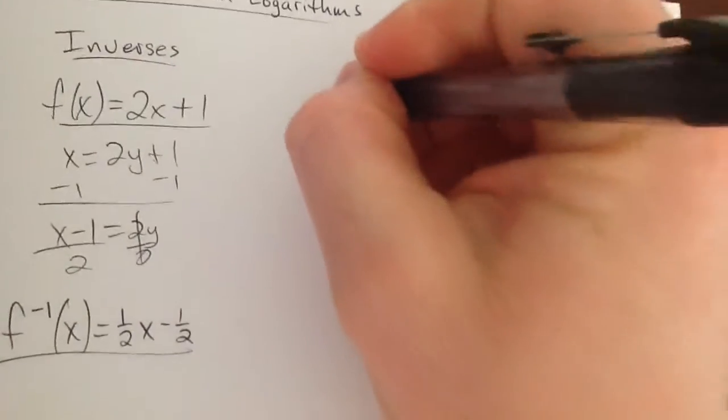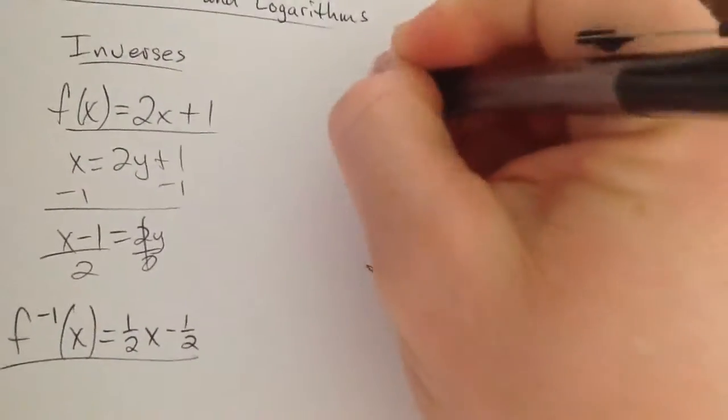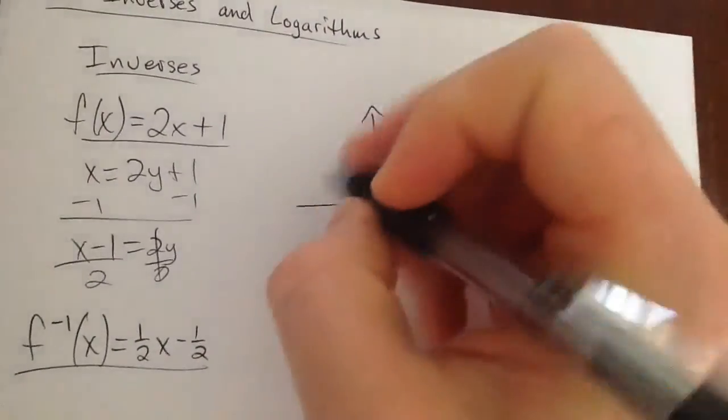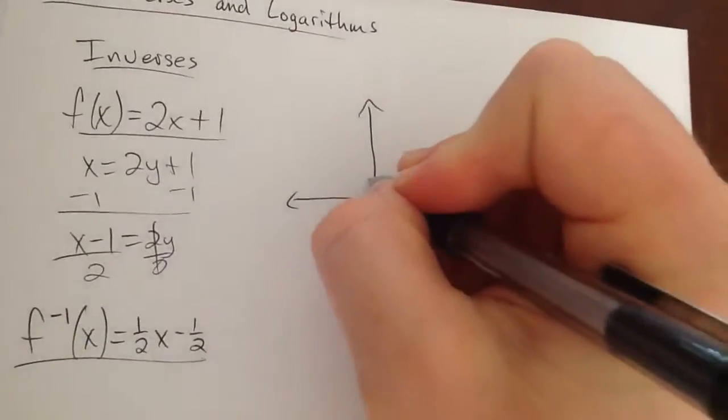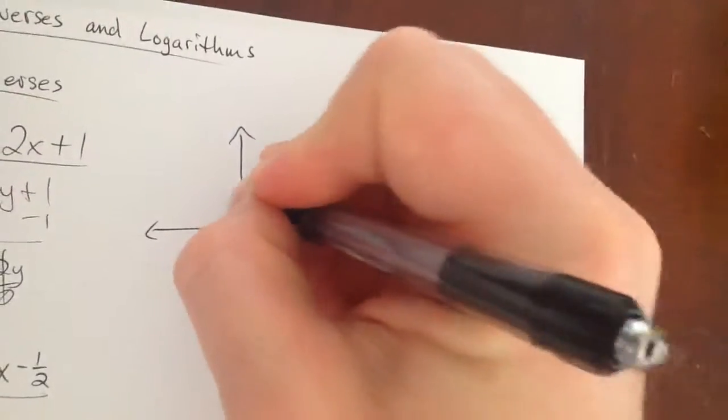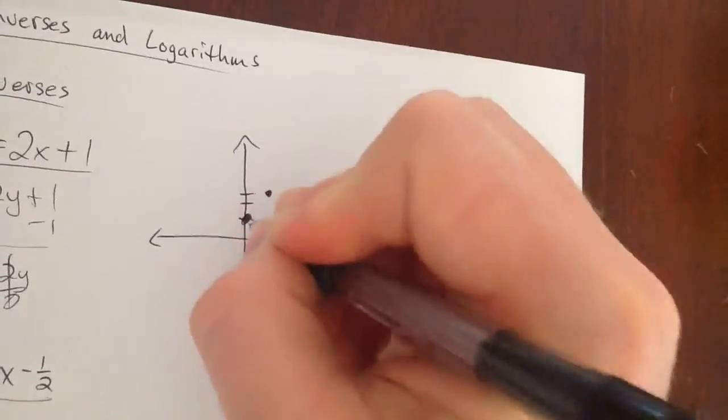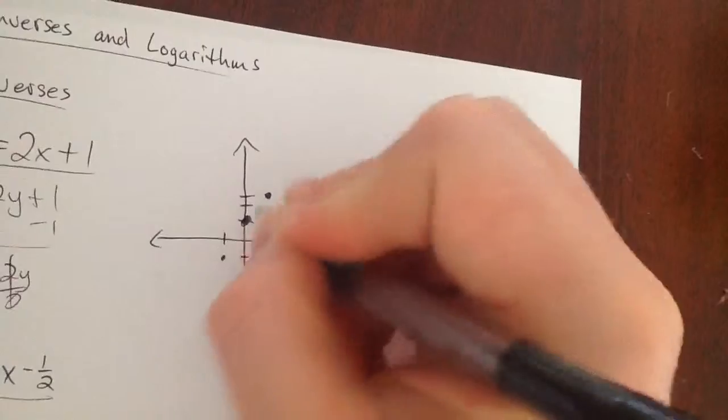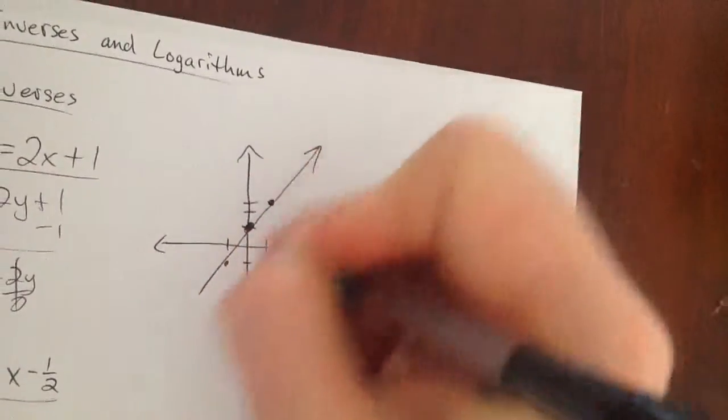Graphically, remember inverses. If I've got 2x plus 1, y-intercept of 1, up 2 over 1, there's my slope, and down 2. Okay, something like that. It's a line.